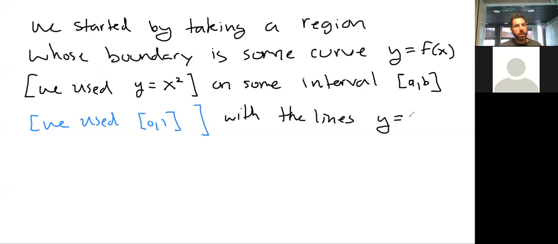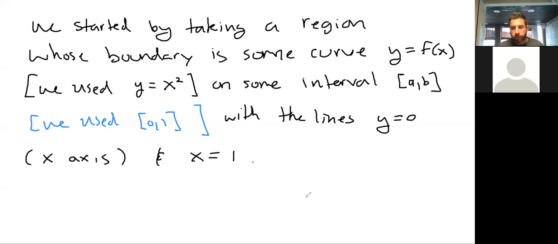We used the lines y equals 0, which is the x-axis, and the other one we used was x equals 1, that line.